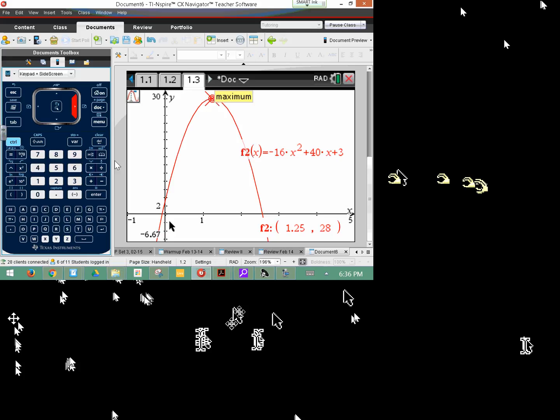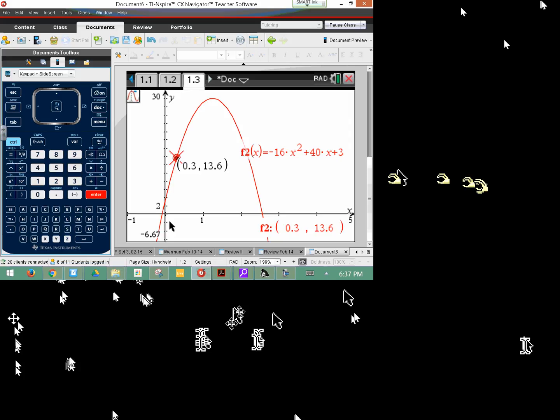But I want to find out when it is 20 feet in the air. So let's go down. As you can see, if you do your trace, it won't stop at 20. But there's a way that we can make it stop at 20. First of all, I need to press enter. If I press enter, it's going to drop a point where I'm at.